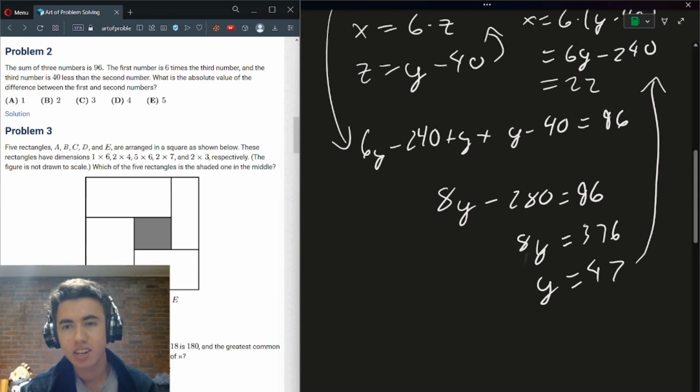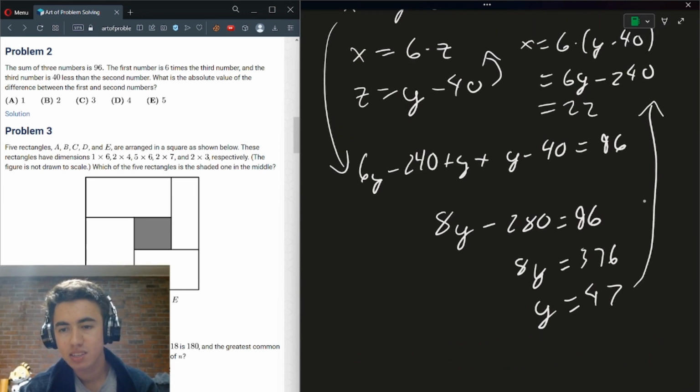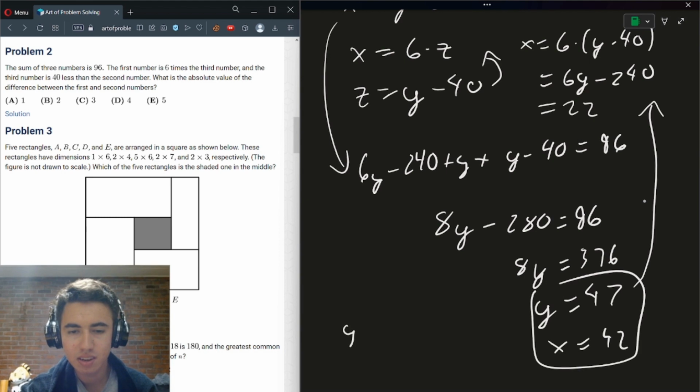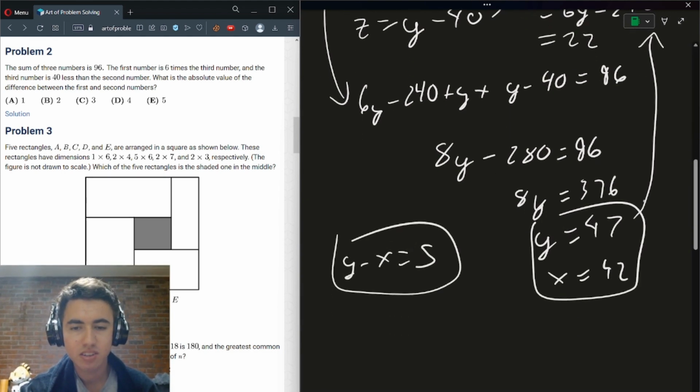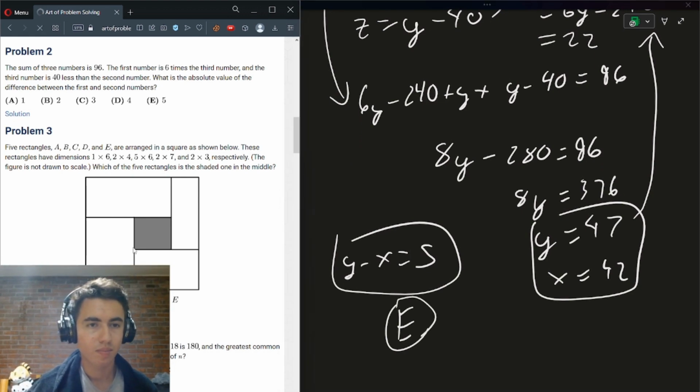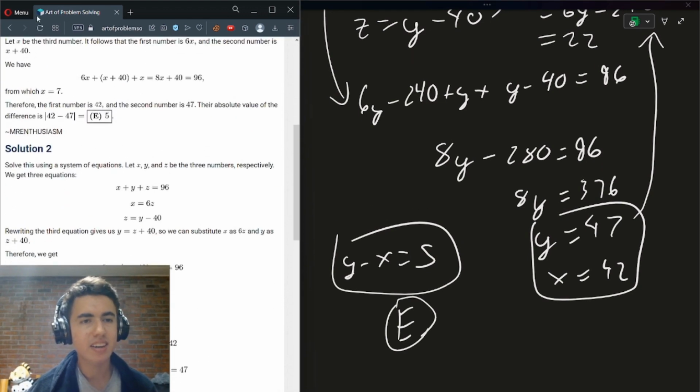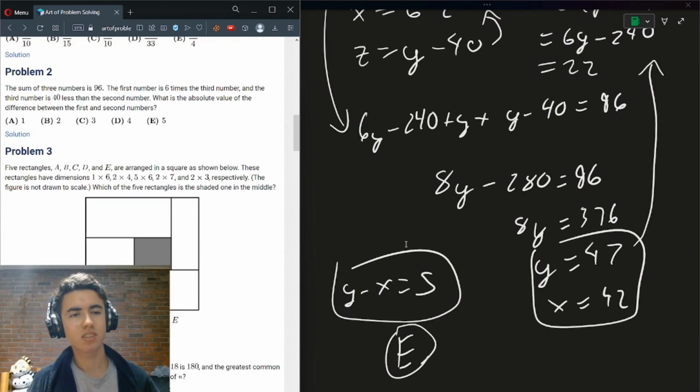Getting a little bit messy, but 6 times 40 is 240, and so the difference is 7 times 6 is 42, so we get x equals 42. I'm just going to box those, and then obviously y minus x is equal to 5. That should give our answer to be E, and let's check if we're right. And if we look at the answer, it is E. Amazing, right?